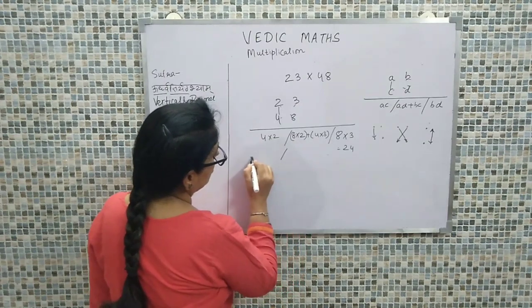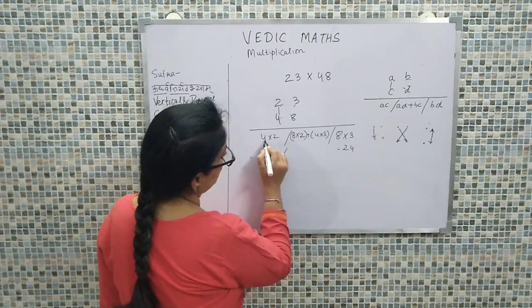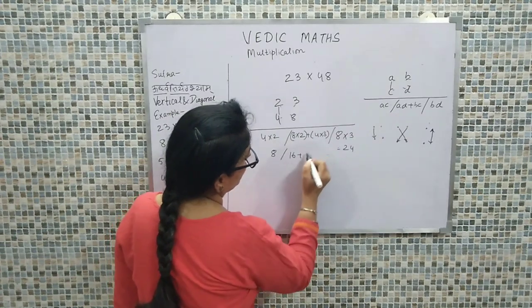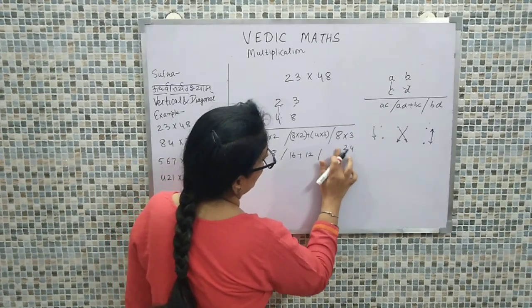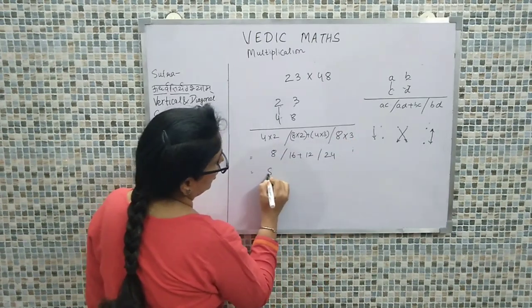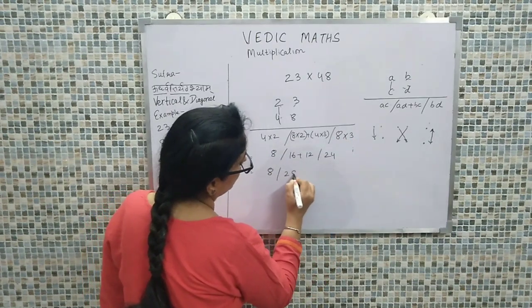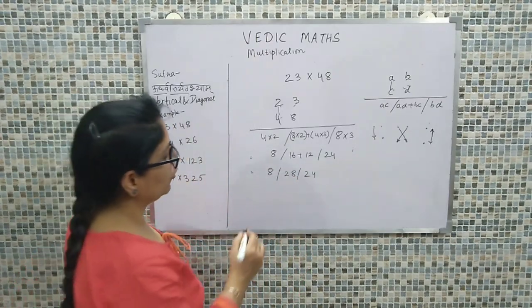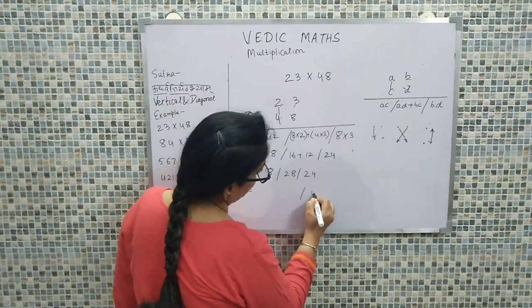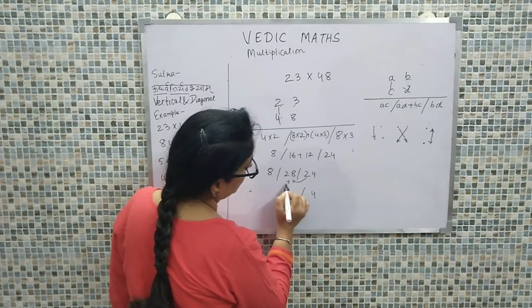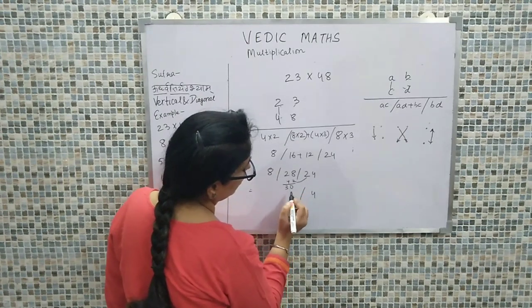So let's work out the values in each section. 4 2s are 8, 8 2s are 16, 4 3s are 12, and 8 3s are 24. So we have 8, 28 and 24. Identifying the overflow in each case, we retain 4 here, 2 is our overflow, it gets added to 28 and becomes 30.